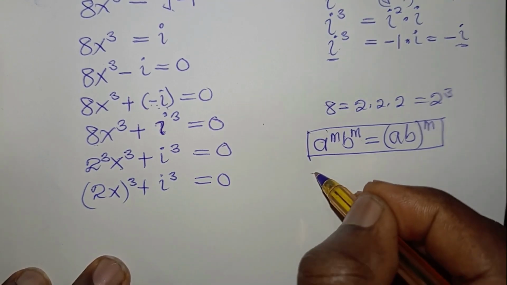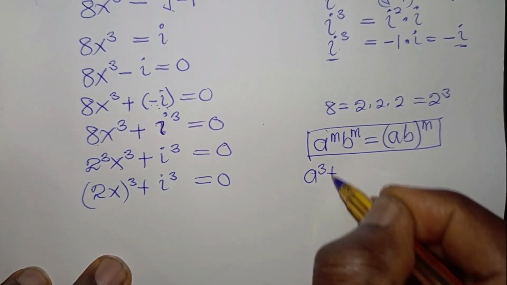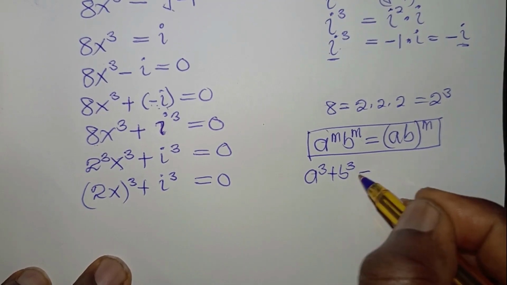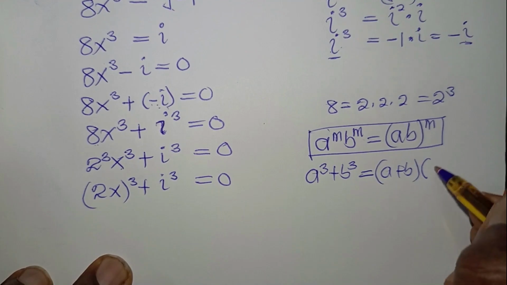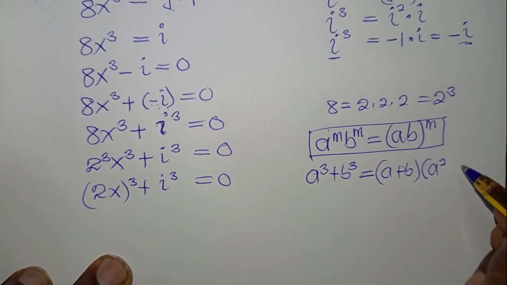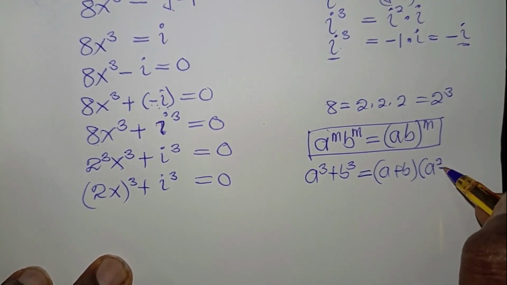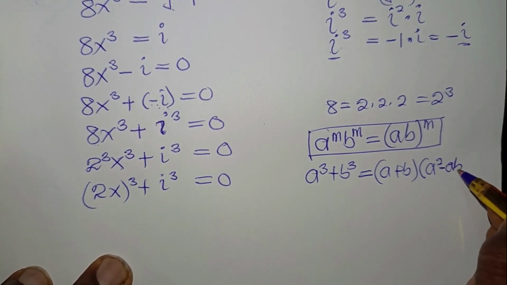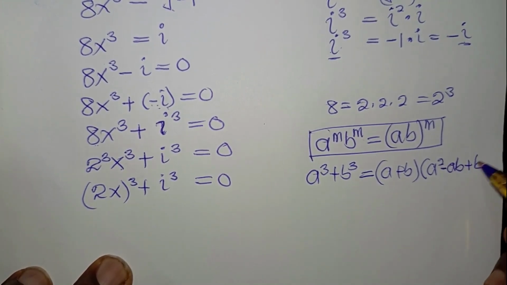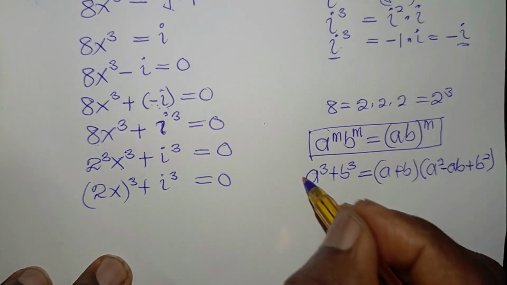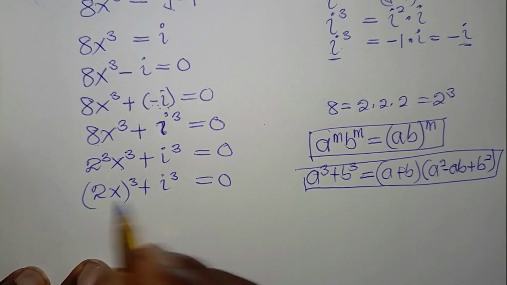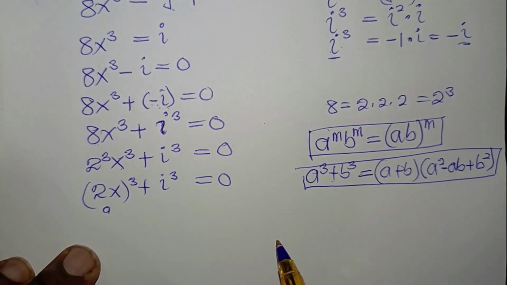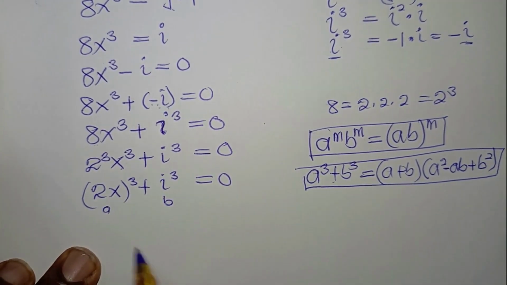Again, let's apply this identity. We have a to the power 3 plus b to the power 3 is equal to a plus b, brackets open, a squared minus ab plus b squared. So we apply this. Here our a is equal to 2x and b is equal to i.